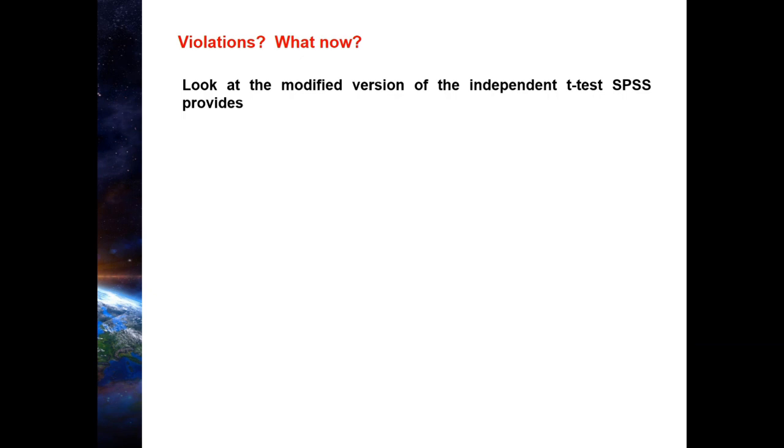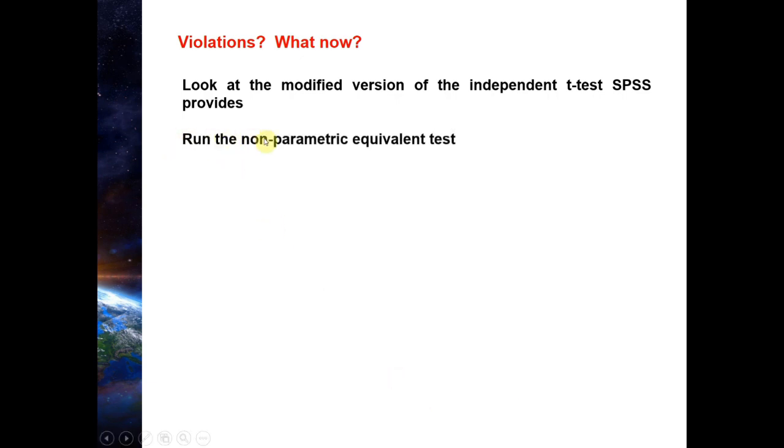And so SPSS gives us a modified version of the independent t-test. And we look at this modified version if Levene's test says that we have a violation to HOV.